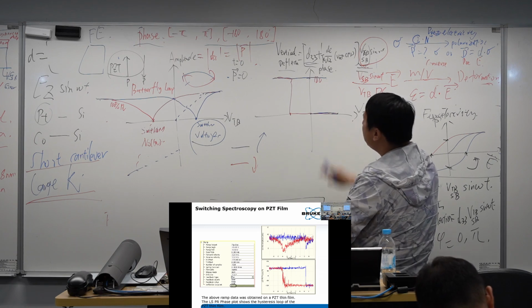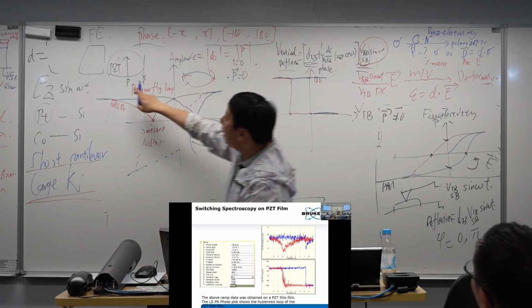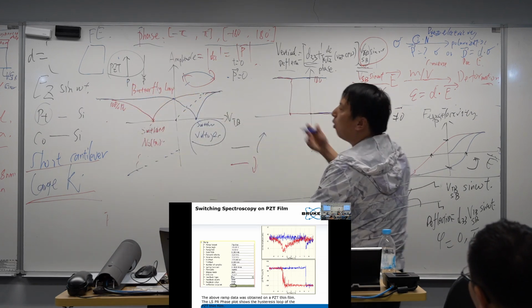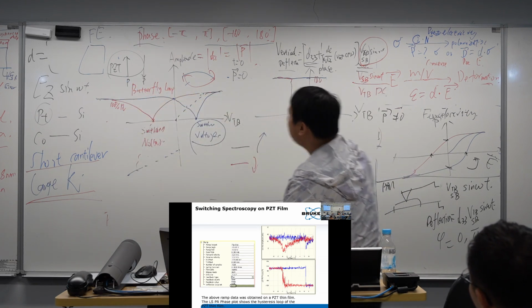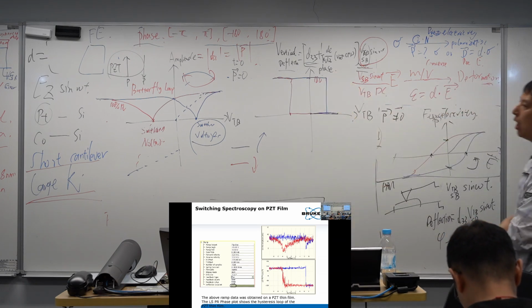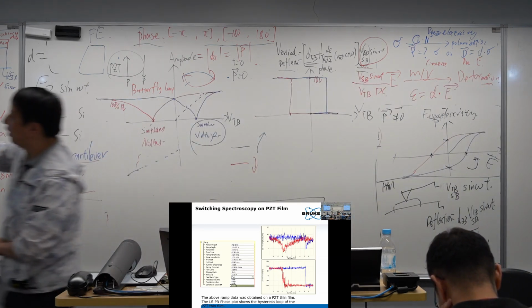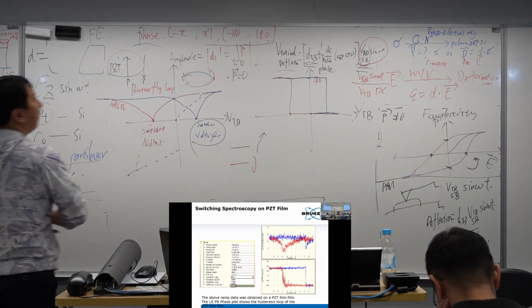And I increase the voltage a little bit, the facing up will be dominant. The polarization will be positive, and then the phase will be 0. So I should get something like this. Oh, this one is okay.